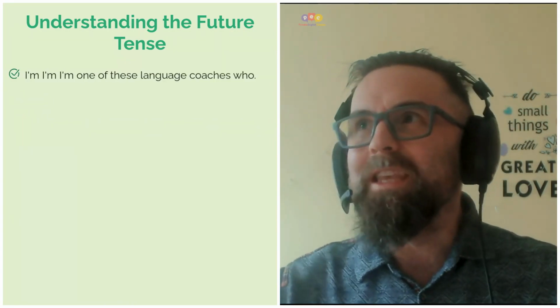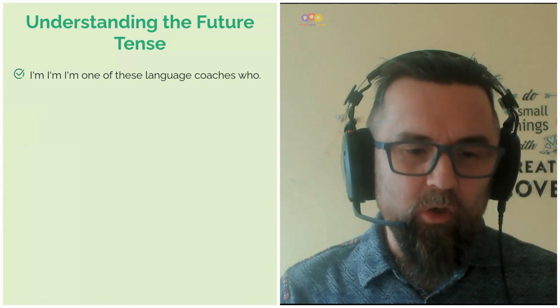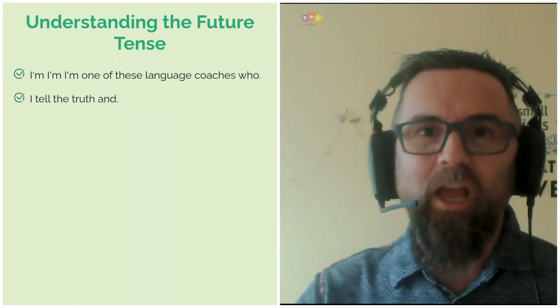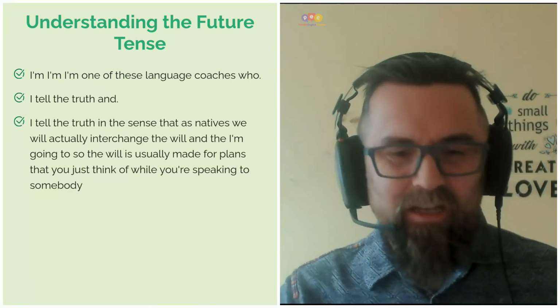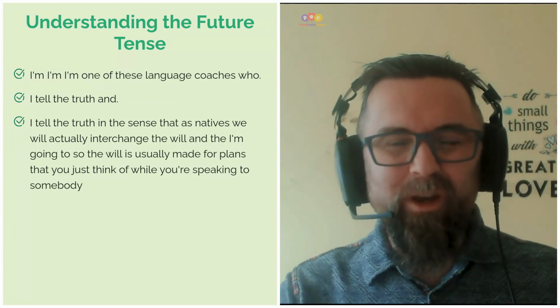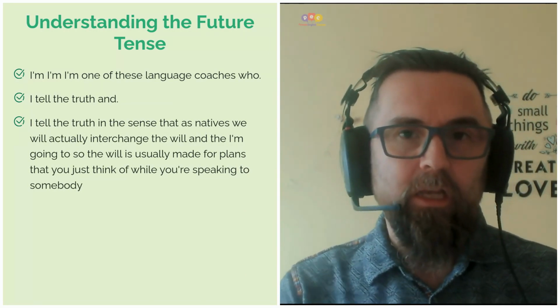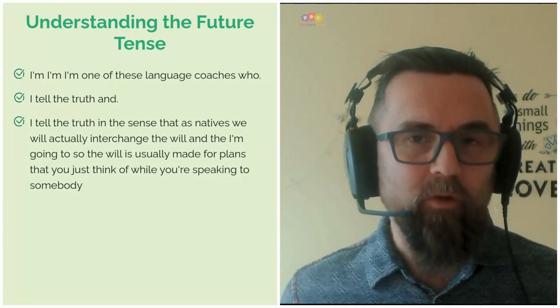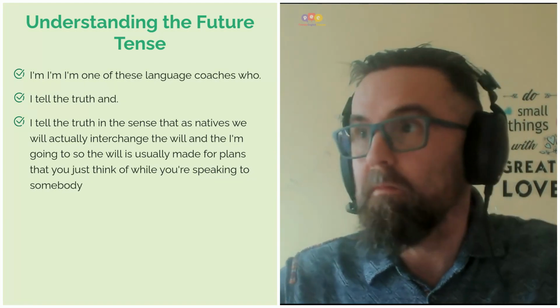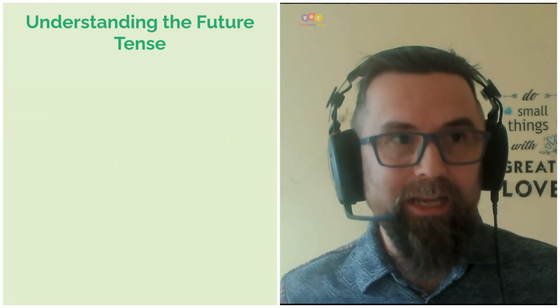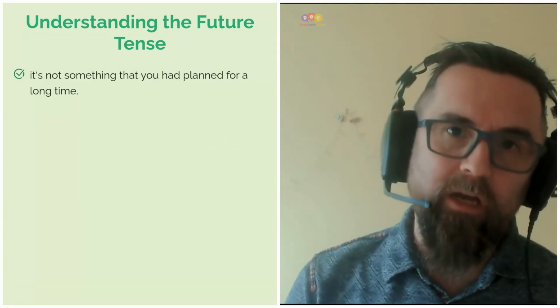I'm one of these language coaches who tells the truth, and the truth is that as natives, we will actually interchange the will and the am going to. So the will is usually made for plans that you just think of while you're speaking to somebody. Okay, it's not something that you had planned for a long time.